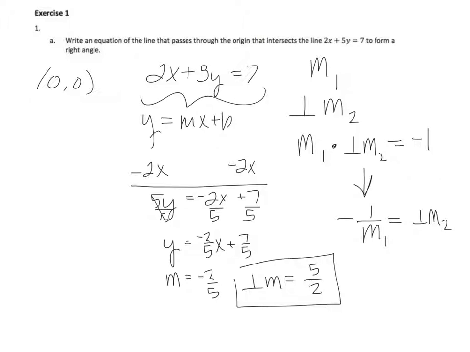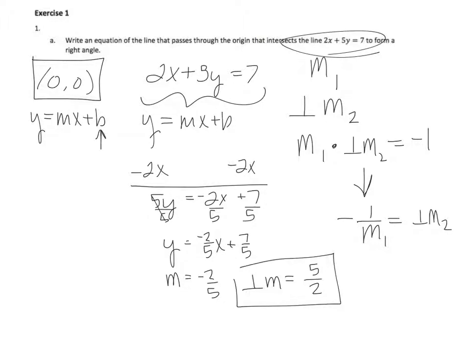Now I want an equation of the line that passes through the origin and intersects the line given. So my slope is going to be 5/2, and I need to use the point, the origin. Using the slope-intercept form again, I'm going to plug in what I know. I don't know my y-intercept, but I know x, I know slope, and I know y.